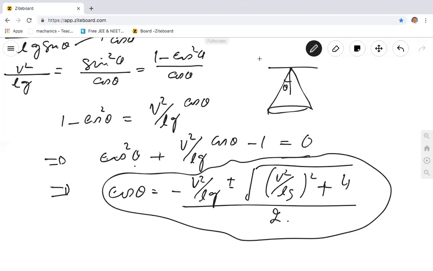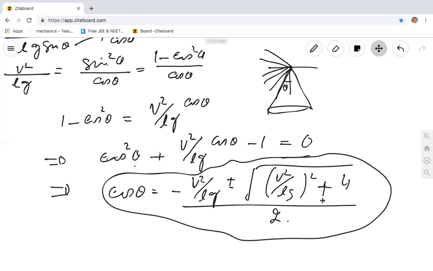It can be like this, like this, but not like this. So be careful that you don't need to have a negative sign here. You need a positive sign, so that cos theta is positive and theta will be less than 90. Okay?